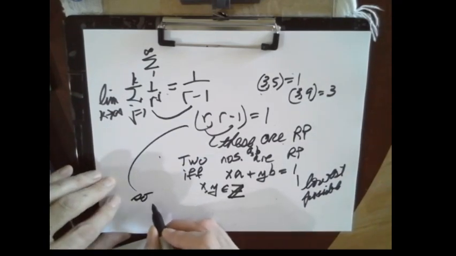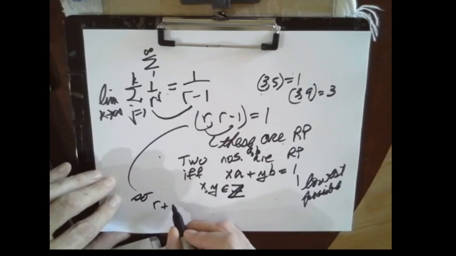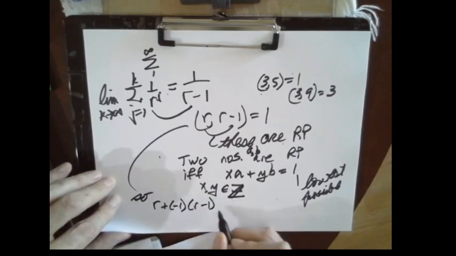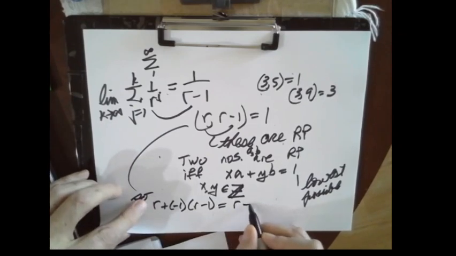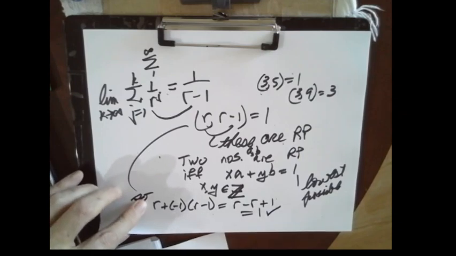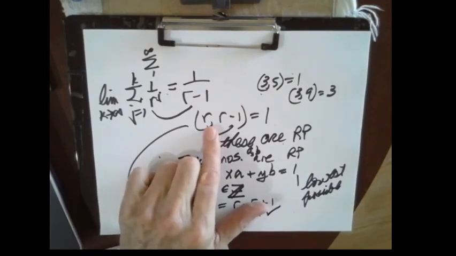So I think I can do R plus or minus 1 times R minus 1, and that becomes R minus R plus 1, and that's 1. So I think that's a proof that R and R minus 1 are relatively prime, for R a natural number greater than 2. I think we have to go there.